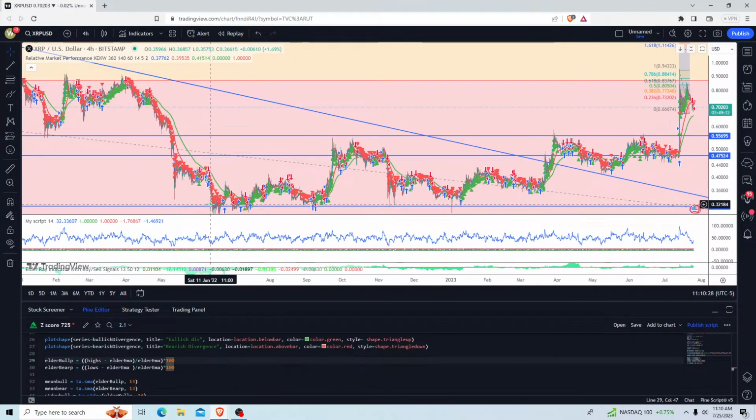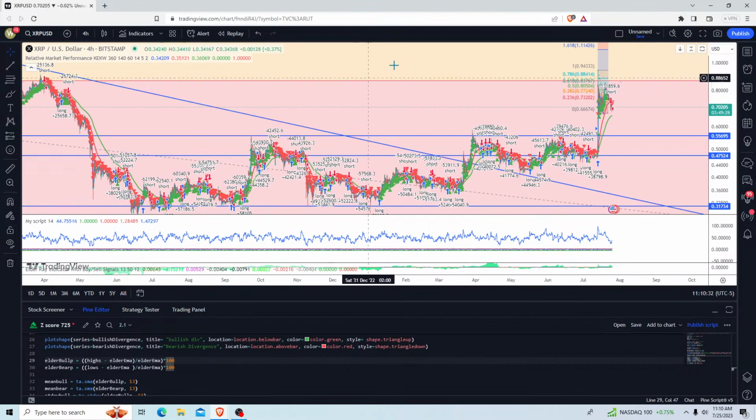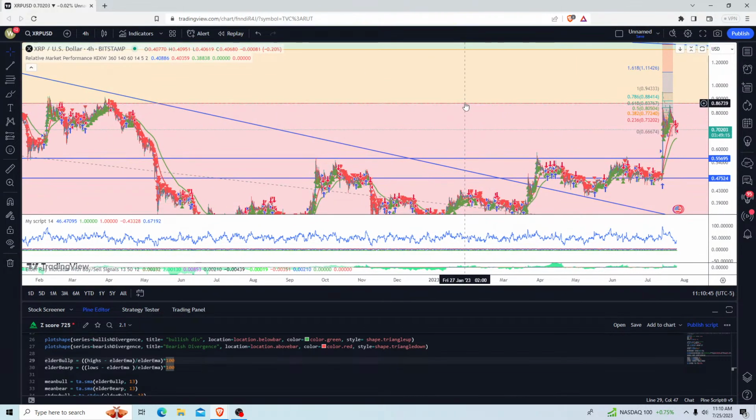Actually, it's been doing this since June of last year, this kind of slow climb with lots of fake outs. I guess the major resistance level is really up here, which is almost where we got.